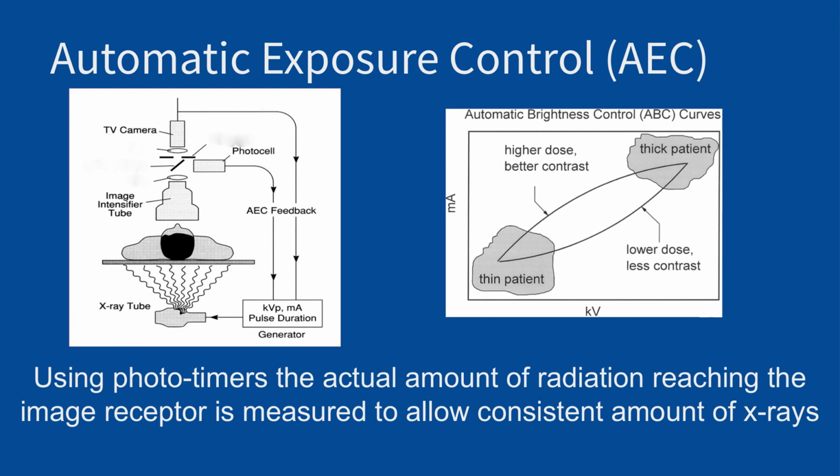Most fluoroscopy units today are operated using this automated exposure control in a mode called automatic brightness control. If the image does not appear bright enough, this ABC will increase the kVp, which increases the X-ray penetration for the patient. If that's not enough, it will next adjust the mAs and increase the brightness.